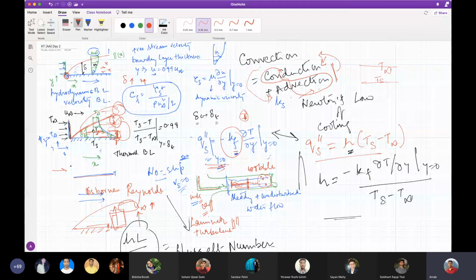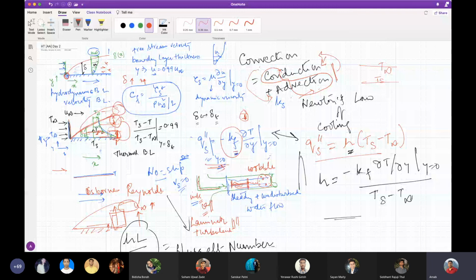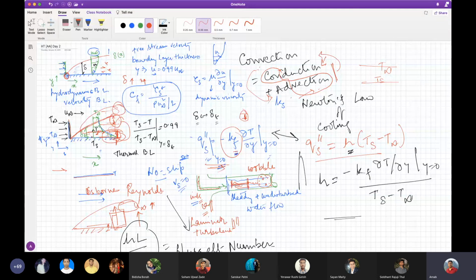Now I will come back to that question again and again: if you had to state how conduction can happen in liquid, you would focus inside the boundary layer, and specifically near the solid surface.